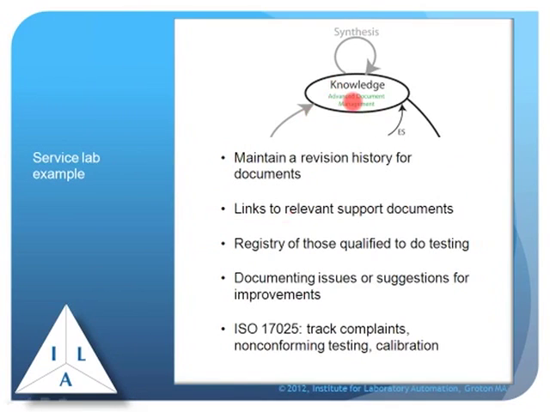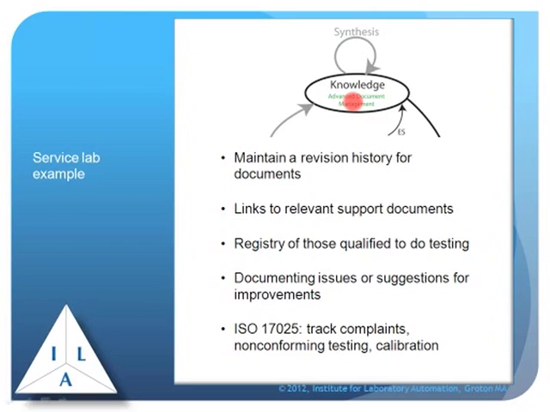The knowledge database is obviously an important one. That's where all the documentation for the laboratory exists, where all your test methods are. It has to maintain a revision history for all the documents, links to supporting information. If you're dealing with hazardous materials, you have links to those supporting those things. Registries of people that are qualified to do the testing.